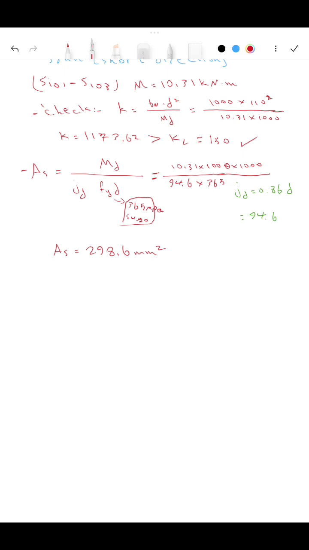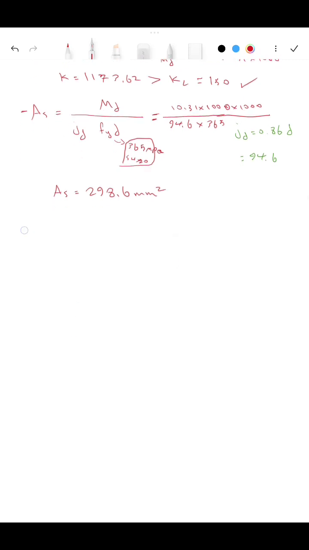After that, we will calculate the space. Okay, the space equals B divided by area of steel times area of the bar. Okay, for the area of the bar, we assume that the bar size is 10. So we'll calculate according to this value.